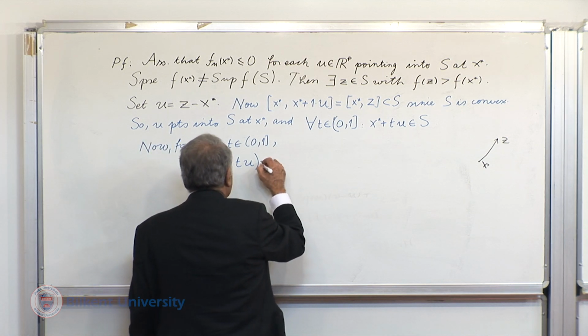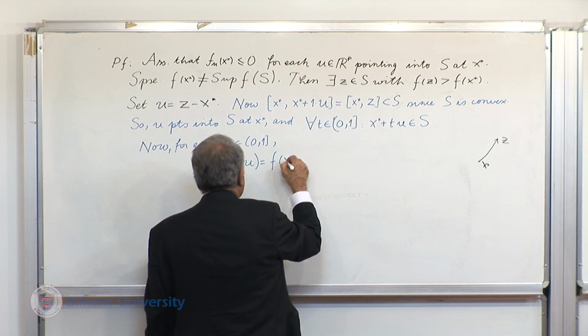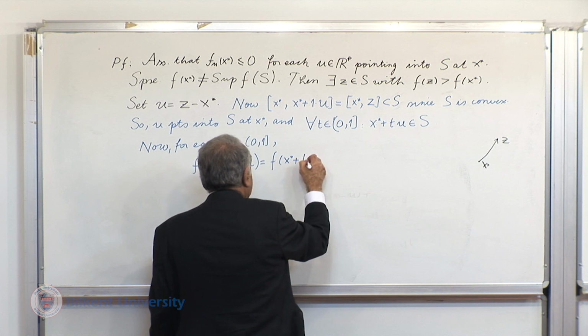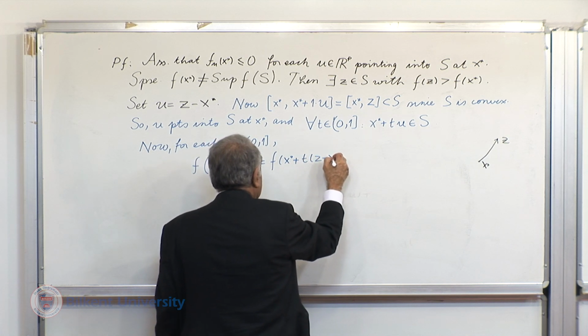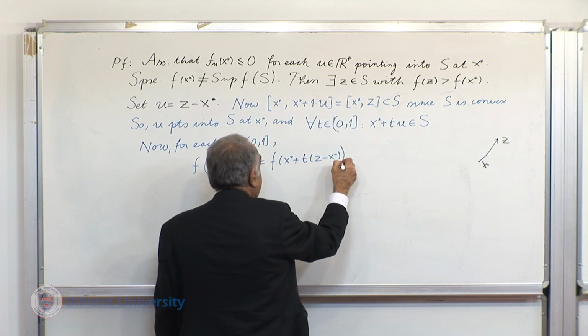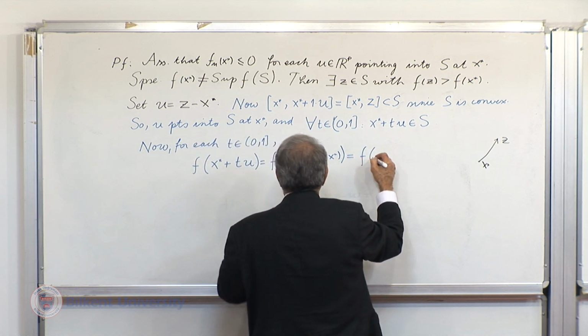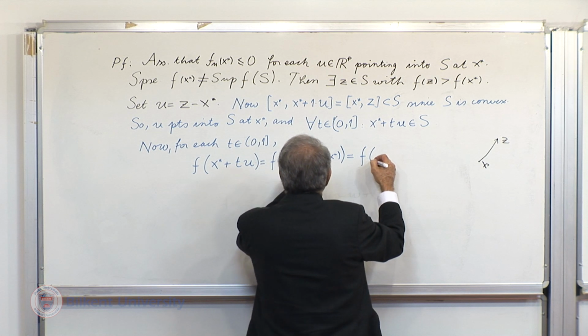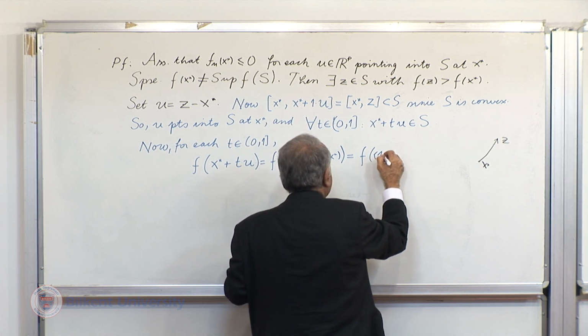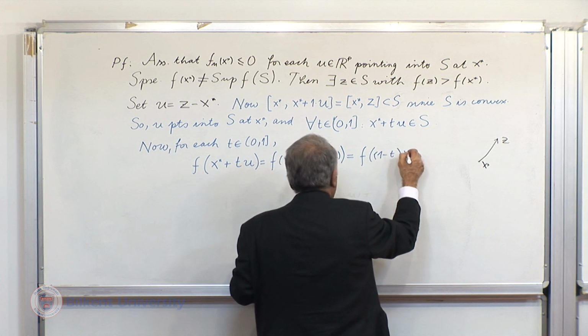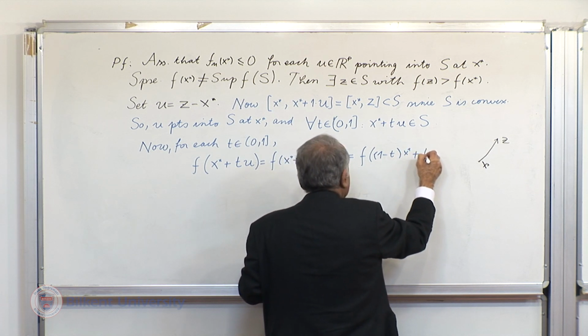But x star plus tu is x star plus t times z minus x star, which is 1 minus t times x star plus tz.